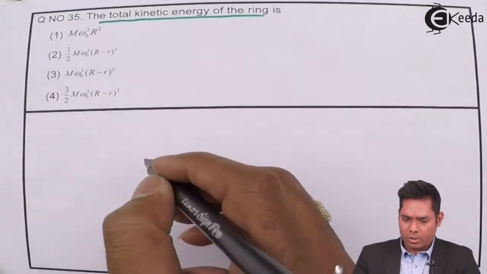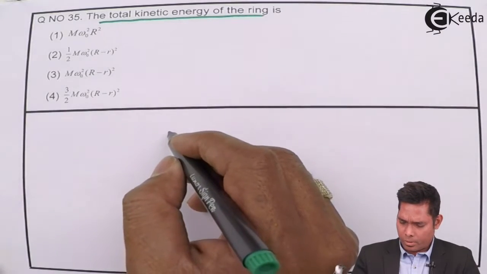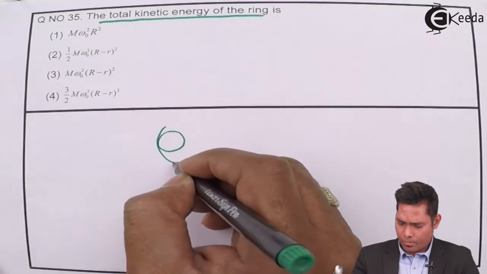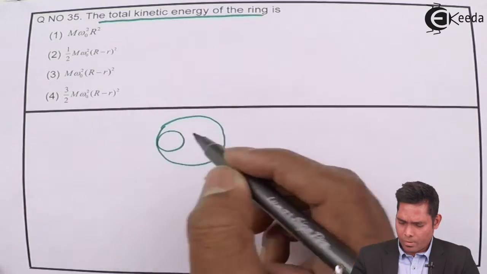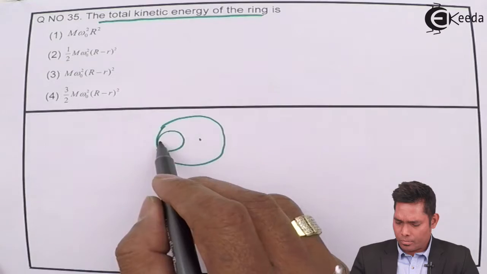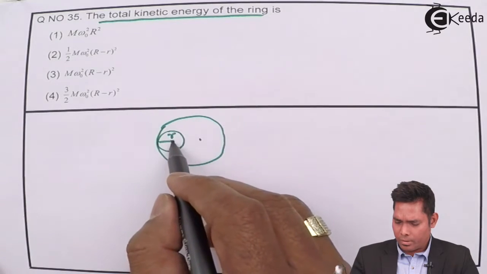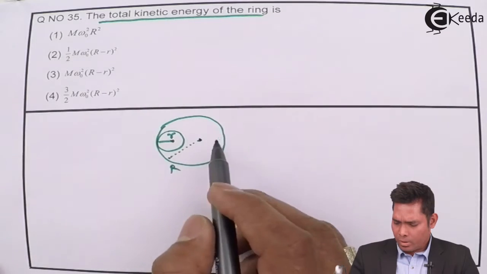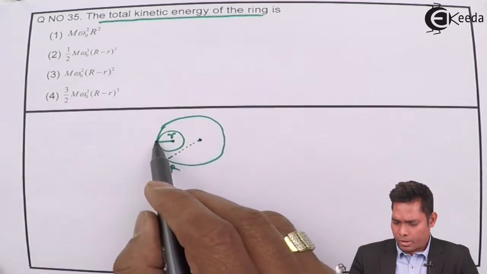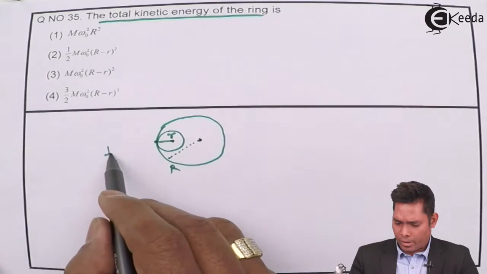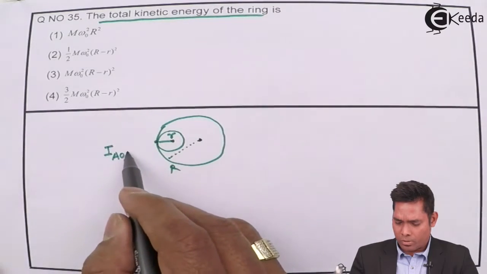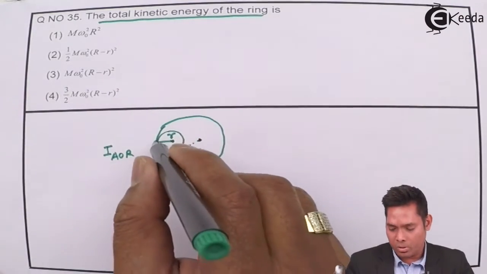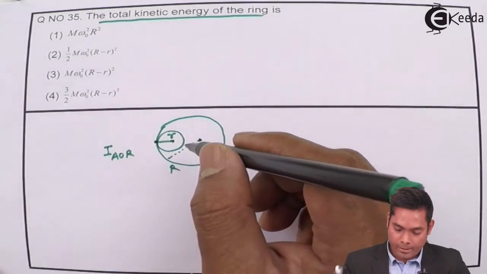Here the smaller circle has radius r, and this is R. So this point can be considered as the instantaneous axis of rotation.